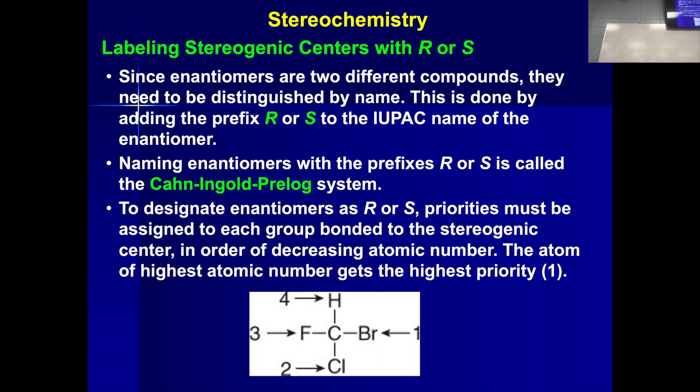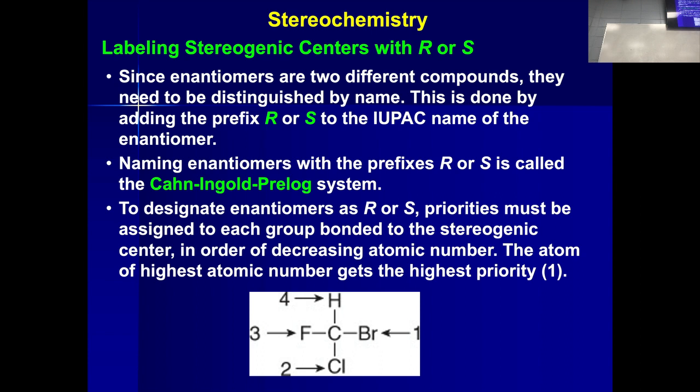And so we're going to use the Cahn-Ingold-Prelog rules, and what you have to do is determine priority based on atomic number, just like we did for the cis-trans E/Z alkenes.